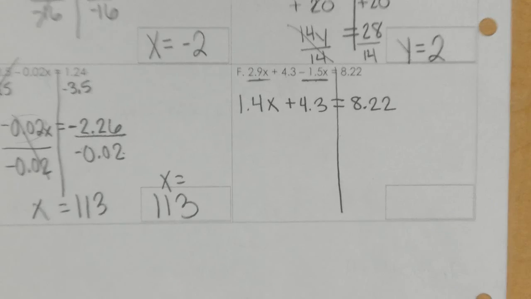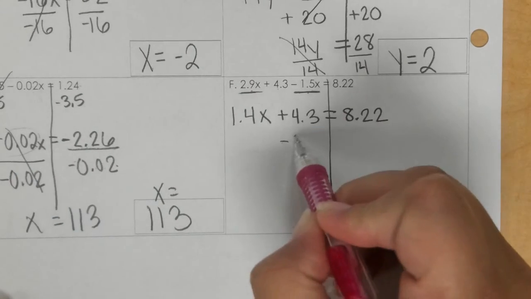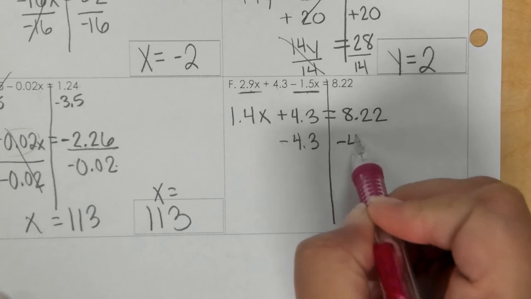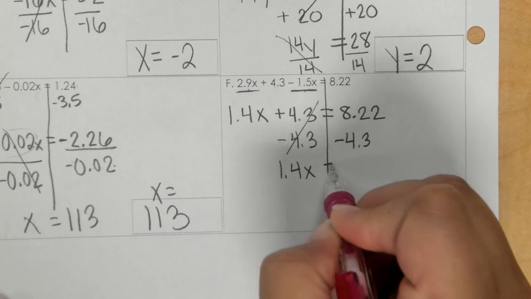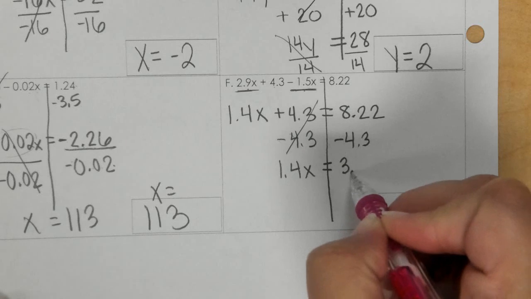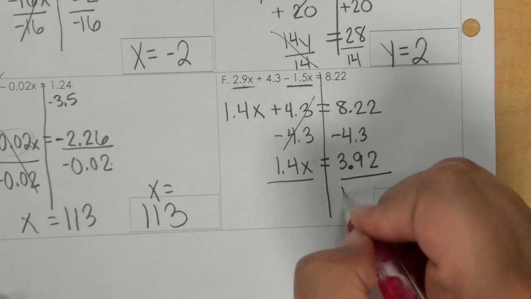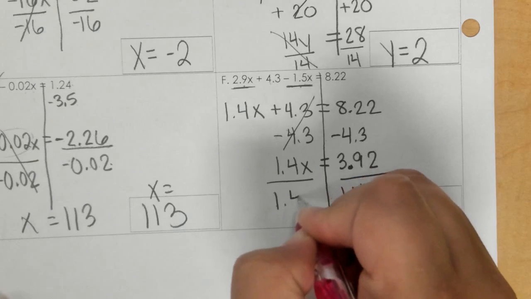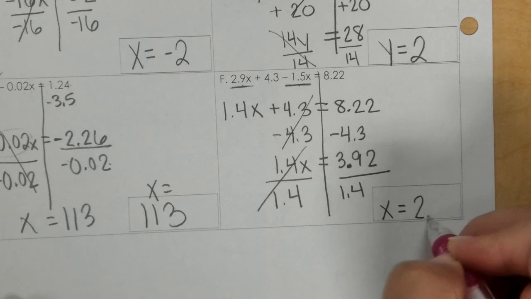So then it's a two-step, just like we did over here. So we're going to subtract the 4.3. And we would get 3.92. Then I divide by 1.4 and get 2.8.